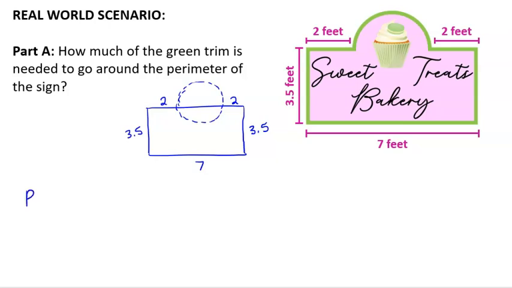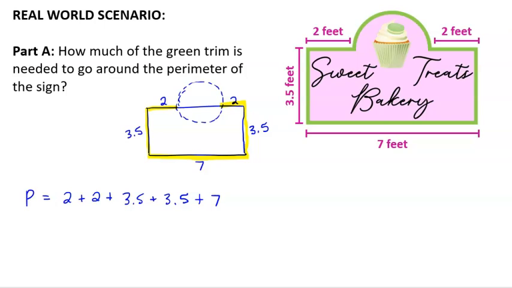So building out my perimeter, I know that I already have these pieces ready to go. So this, I can add up for a portion of my perimeter. So I've got 2 plus 2 plus 3.5 plus 3.5, and I could also write that as 2 times 2, 2 times 3.5, and then I've got 7.